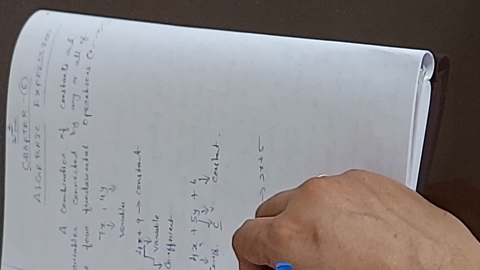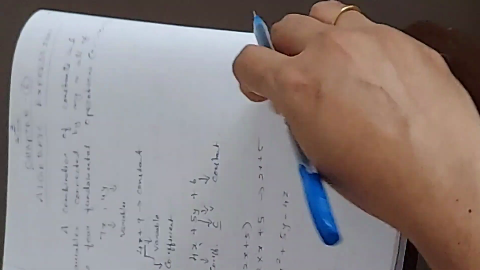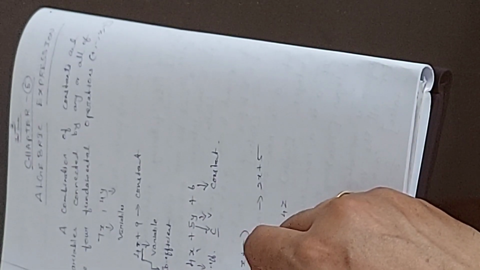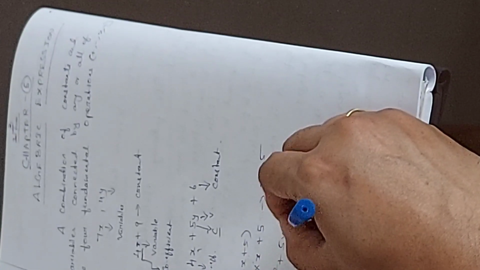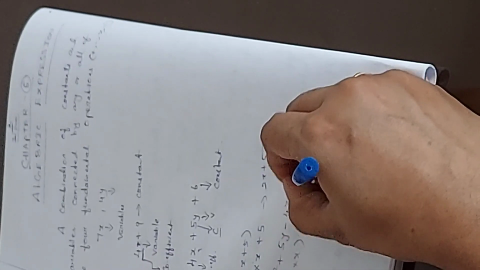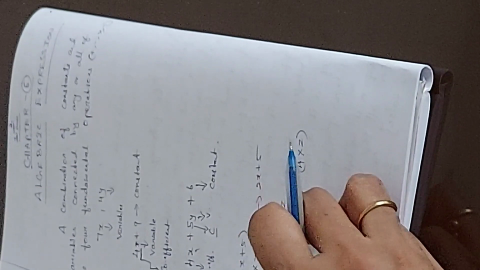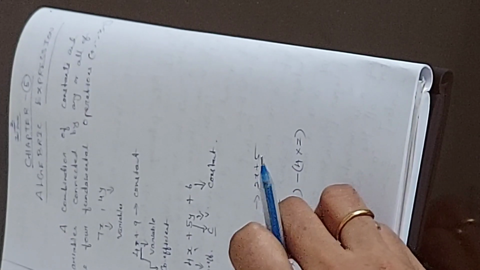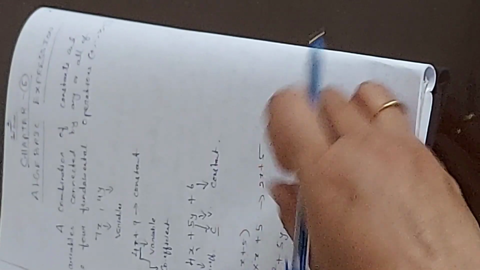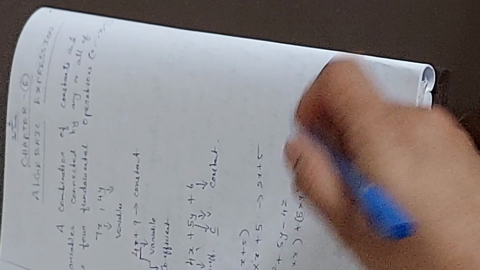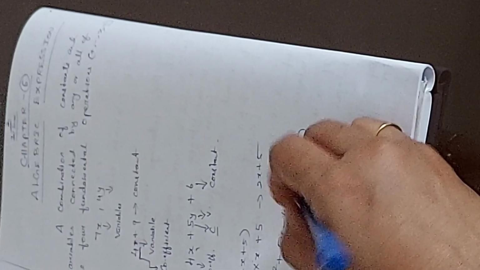See another example, 2x squared plus 5y minus 4z. First we have formed 2 into x squared, right? Plus 5 is multiplied by y and then we are subtracting 4 into z. Okay, children. First we have formed the terms separately and after that we are adding or subtracting. Then only we are getting this 2x squared plus 5y minus 4z.